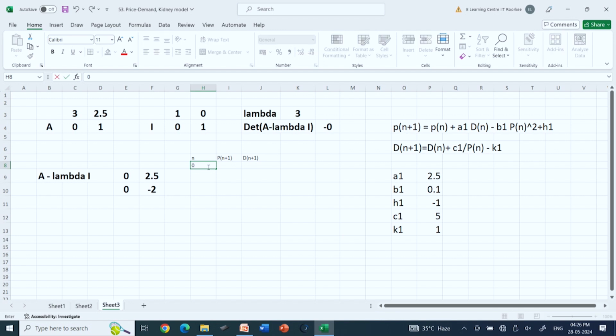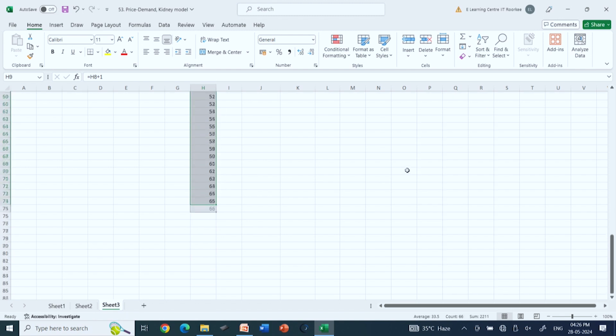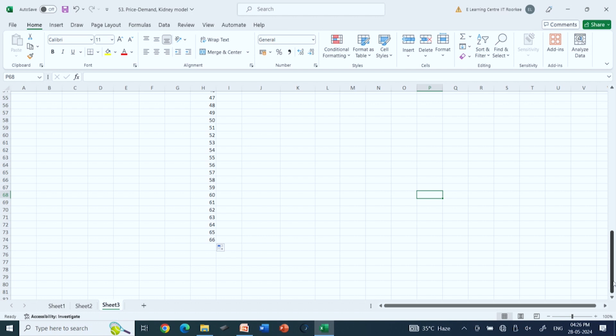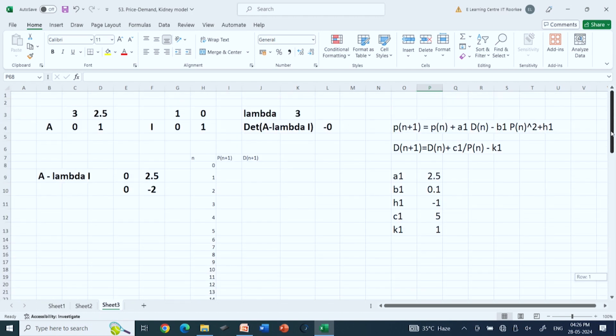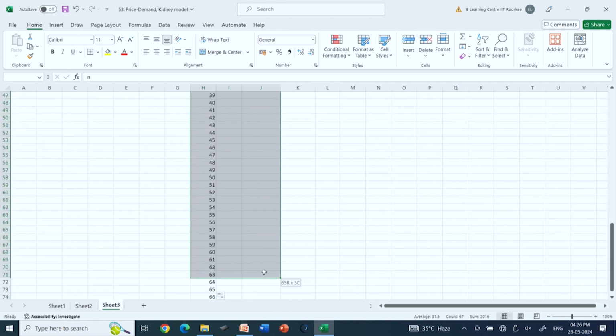So start with 0, and this is equal to 0 plus 1, and drag it, say up to 50 values.